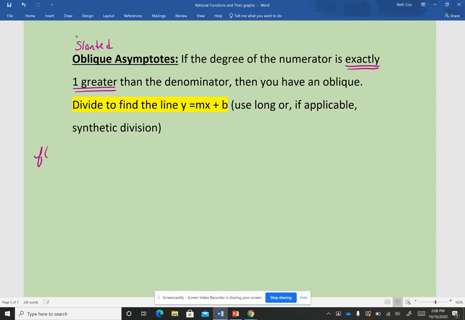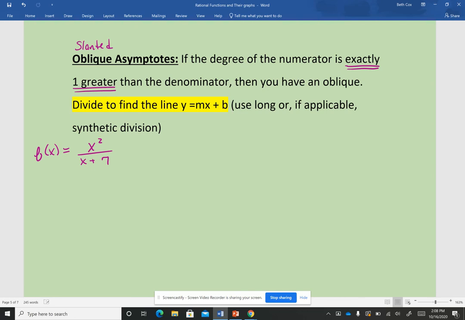We had 2 examples before. I'm going to come up with a different one. Okay. So this one says f of x is equal to x squared over x plus 7.